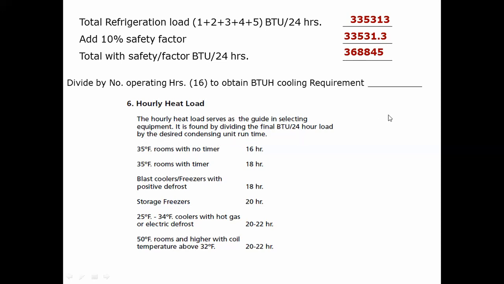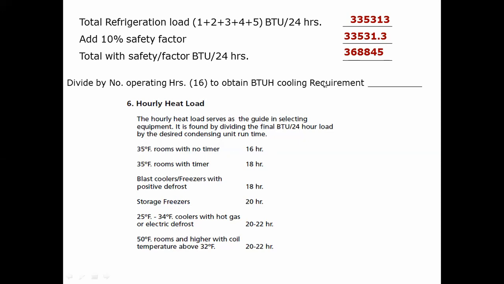Everything won't be running continuously for 24 hours; according to different temperatures, rooms, cold storages and equipment, the time will be reduced. Sometimes we run the cold storage for 16, 18, 20, or 20 to 22 hours. Here it is a 35-degree Fahrenheit room with no timer, and we are taking the run time of the cold storage as 16 hours.